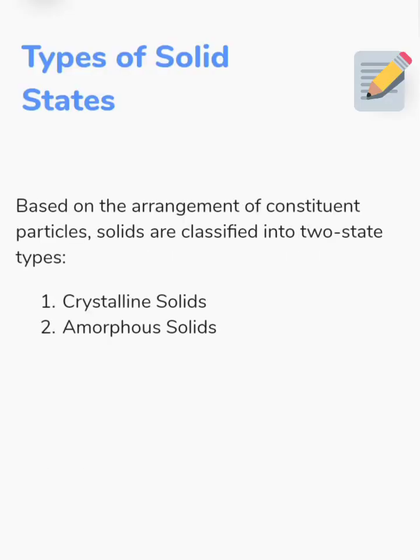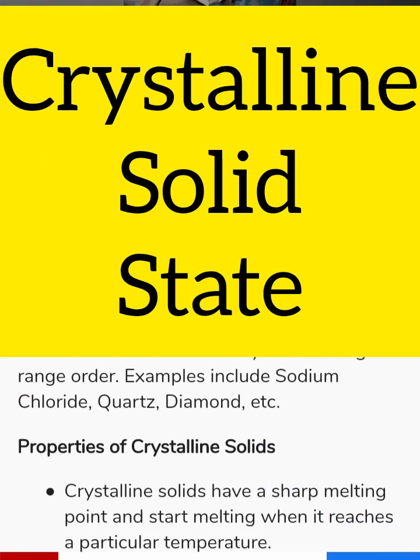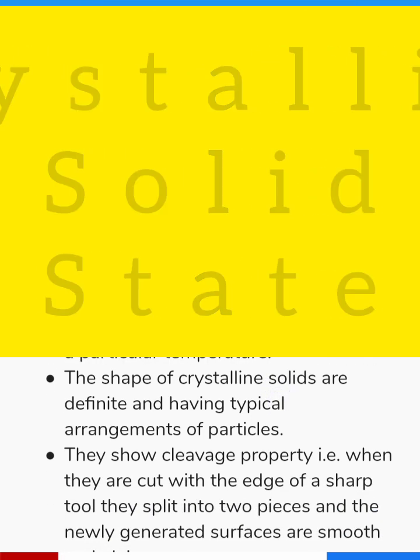Types of solid states. Based on the arrangement of constituent particles, solids are classified into two types. Number 1, crystalline solids. Number 2, amorphous solids. Crystalline solid state. Crystalline solids are those that have a typical geometry.